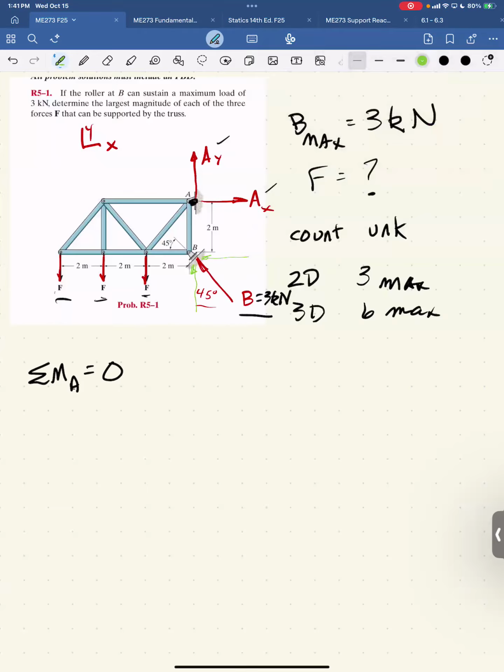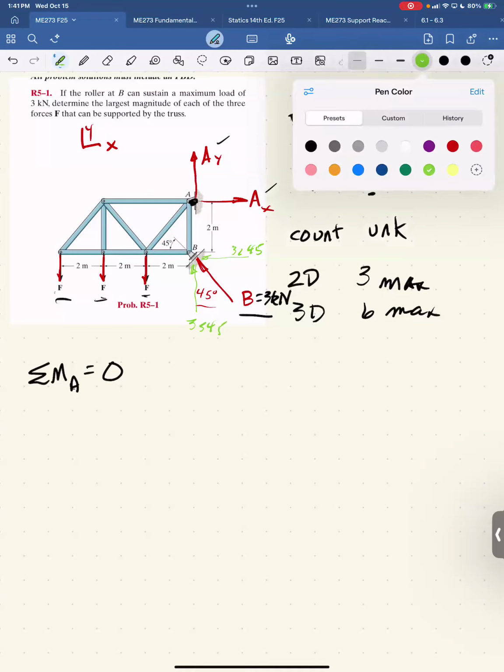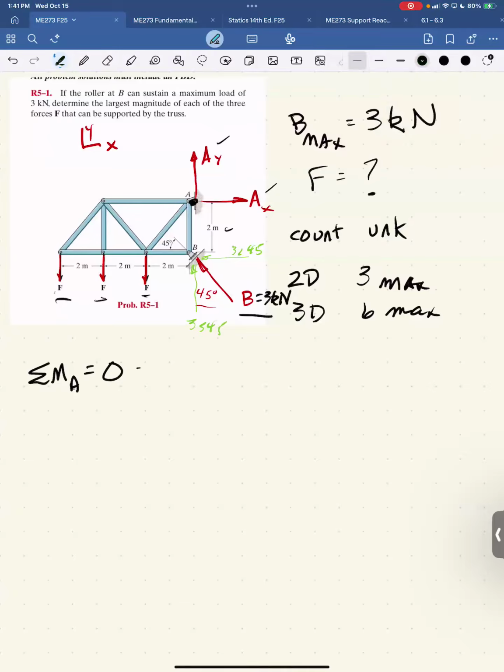This is 3 cosine 45, and this is 3 sine 45. The 3 sine 45 passes through A, so it has no moment. The only one that has a moment is the vertical component, which is 3 cosine 45, and it's 2 meters away, so that is 3 cosine 45 times 2 meters.